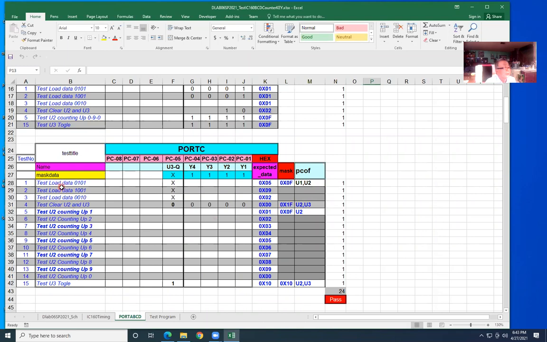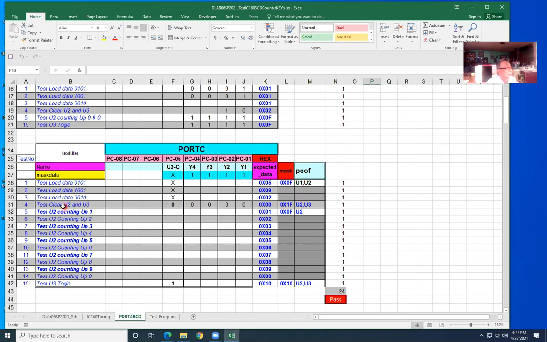And test number 2, you still don't care on this one. You apply load number 9, you get number 9. In here, I'm not letting you write here. That means I still keep the math data 0x0F and the P-cop still U1 and U2.